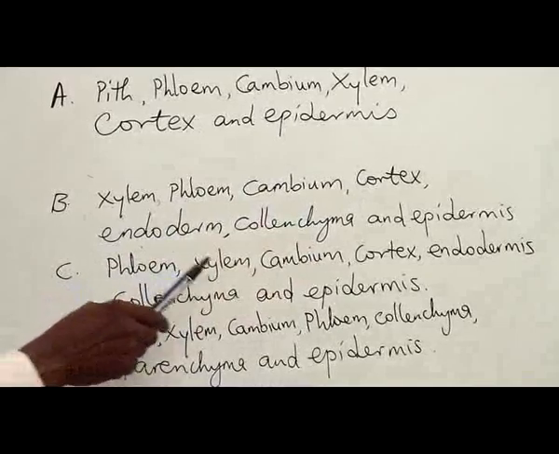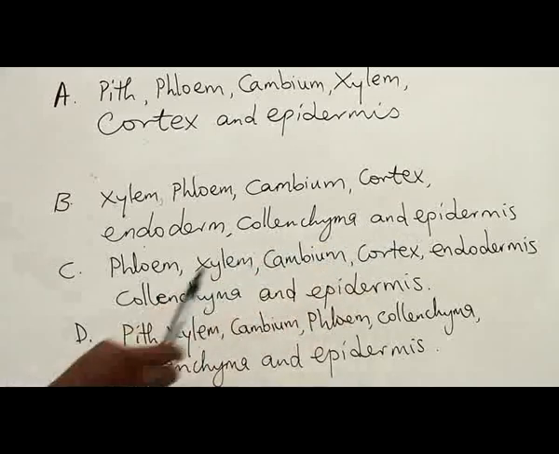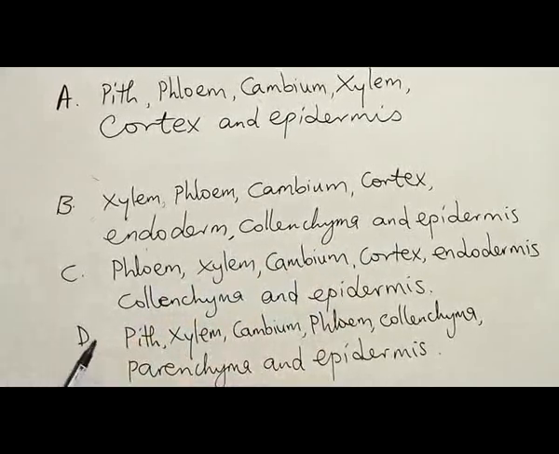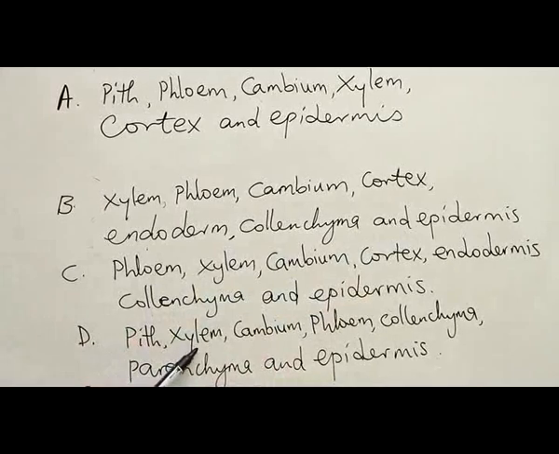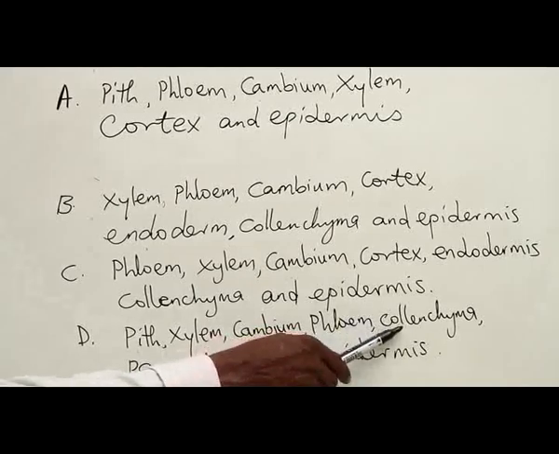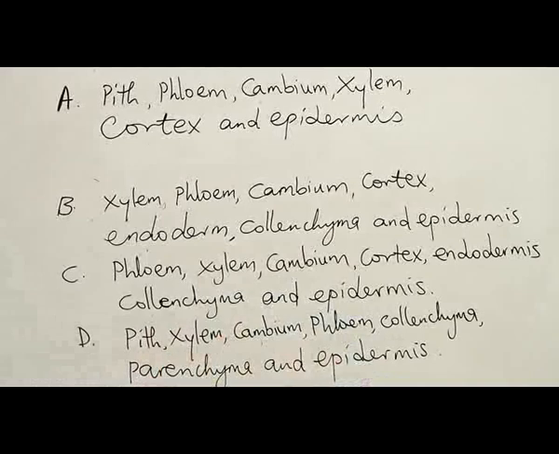C. Phloem, xylem, cambium, cortex, endodermis, collenchyma, and epidermis. D. Pith, xylem, cambium, phloem, collenchyma, parenchyma, and epidermis.